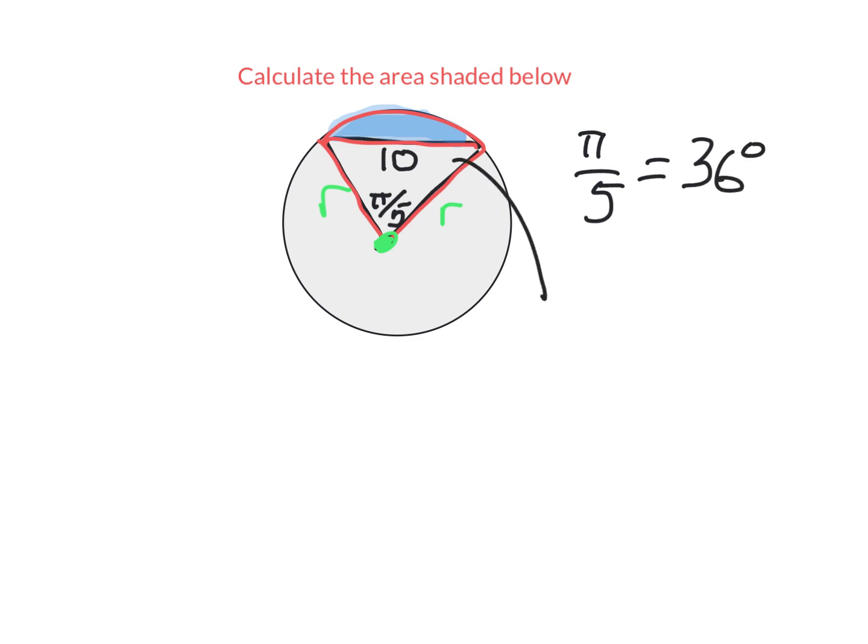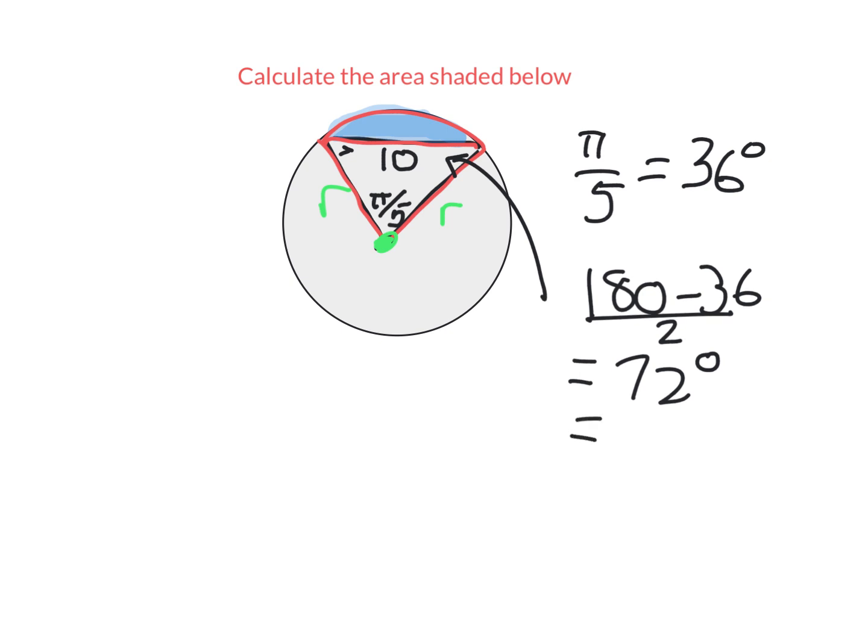So that means that this angle here, as well as this angle here, they're both going to be equal to 180 minus 36 divided by 2. They're going to be equal to 72 degrees. And in radians, times by pi over 180, that's 2 pi on 5 radians. 2 pi on 5 plus 2 pi on 5 plus pi on 5 equals pi radians, which is 180 degrees.